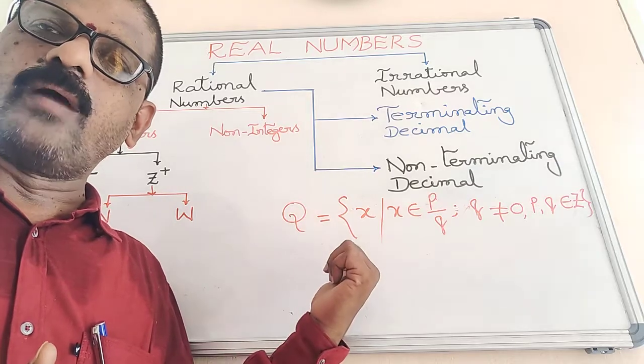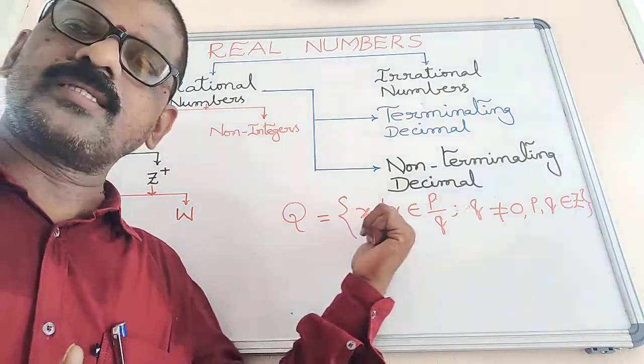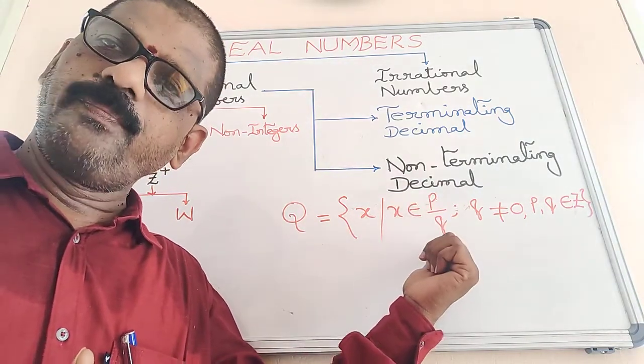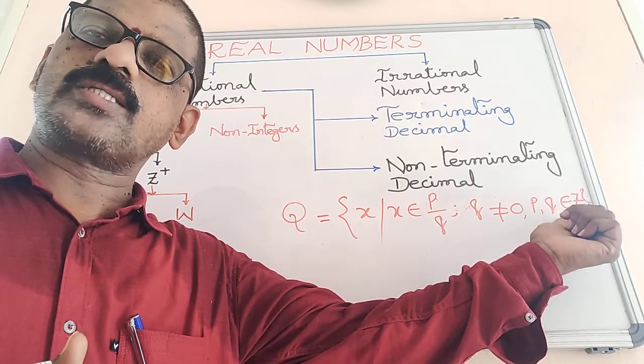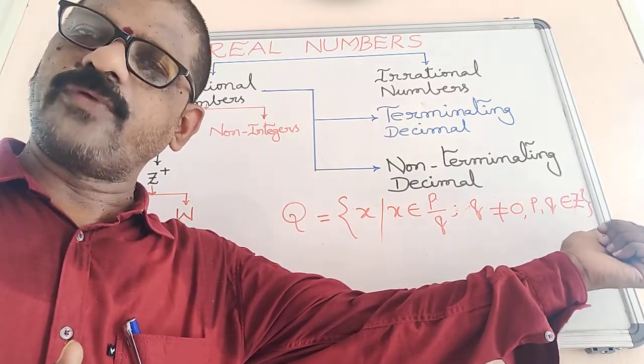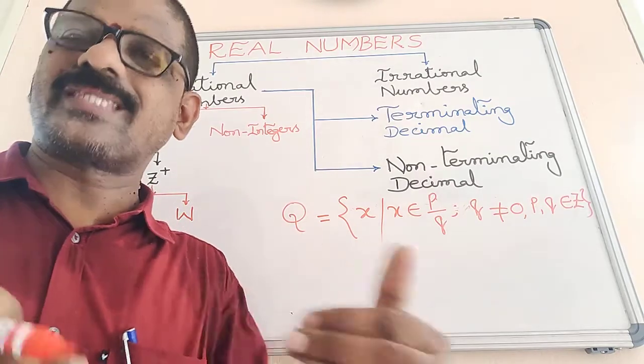Now the set builder form of rational numbers or quotient numbers is x such that x belongs to p by q, q is not equal to 0, p comma q belongs to Z. Clear, all of you?